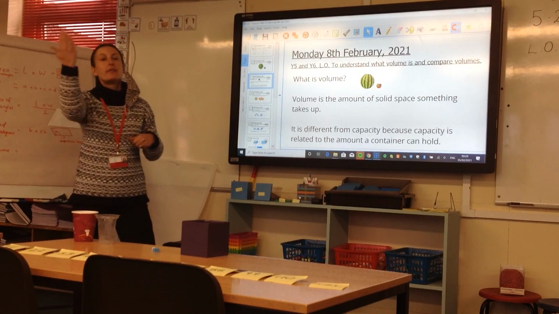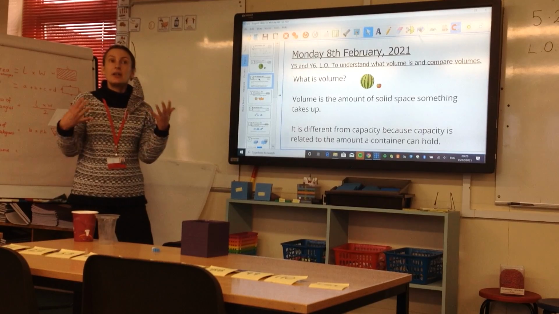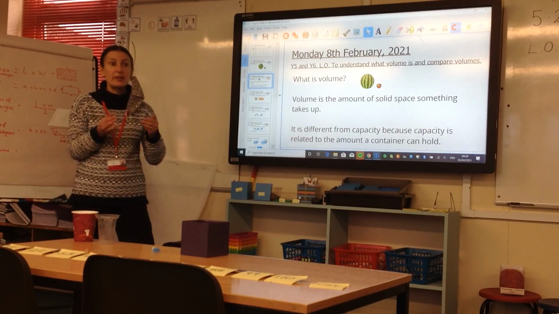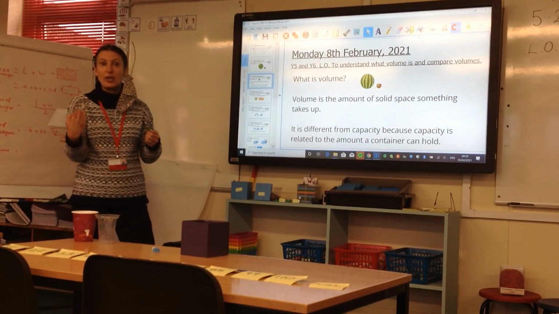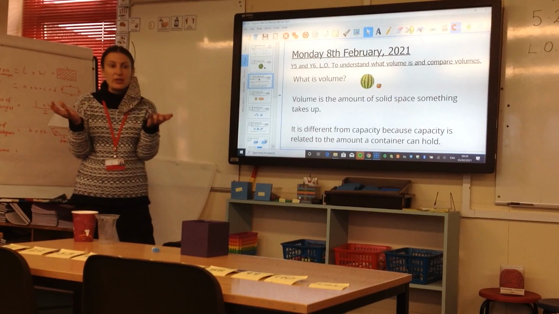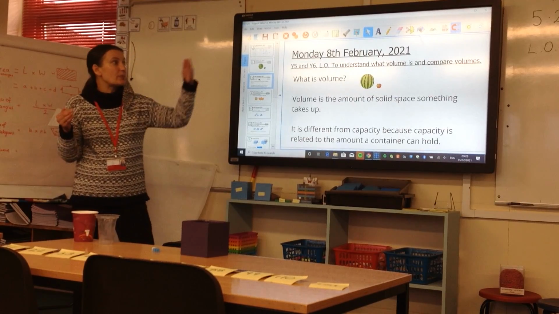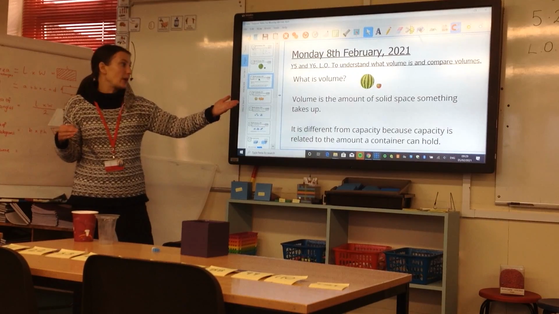You say it. The melon has a greater volume than the apple. Likewise, we could say the apple has less volume than the melon. Excellent. So there we are already using the language to compare, which is part of our learning objective, to understand what volume is and to compare volume.